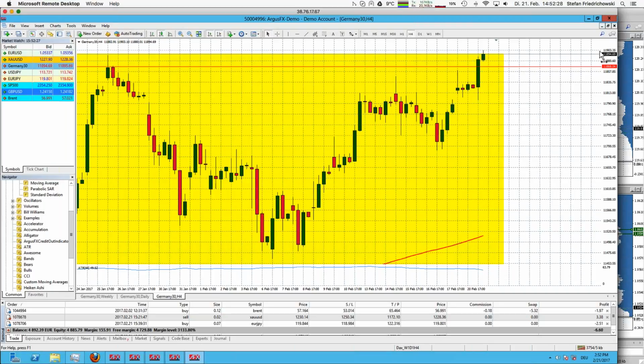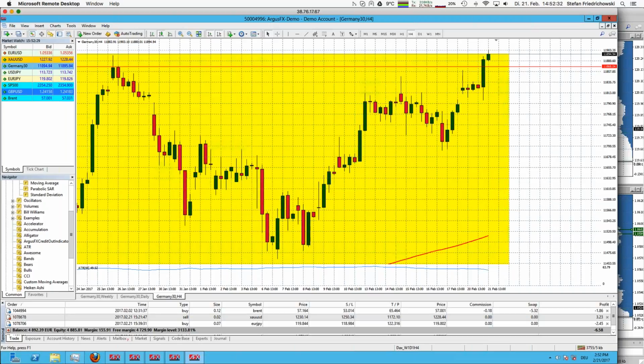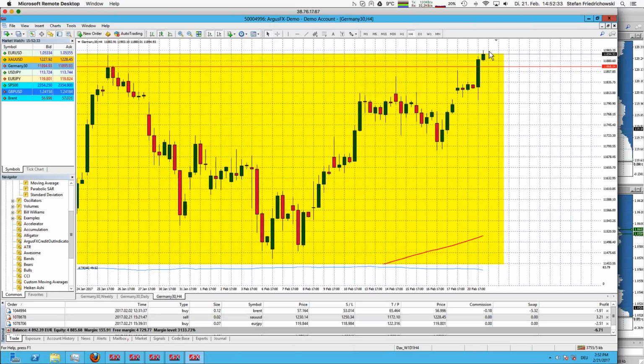Okay, we know that there is already a high at about 11,903. Let's give it a little bit more room to the north for our stop loss setting. And why not go for 11,922?